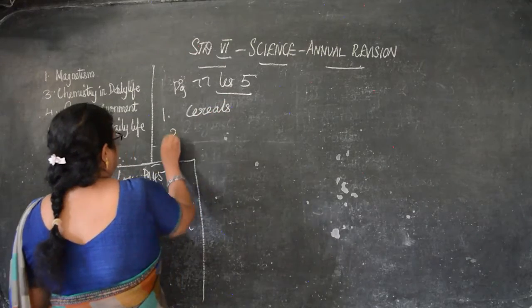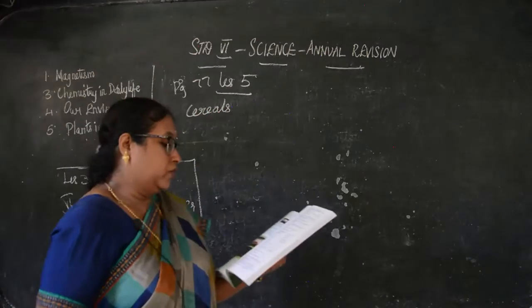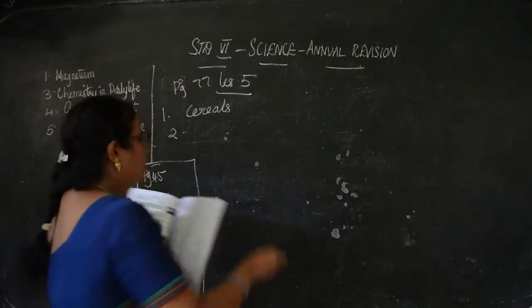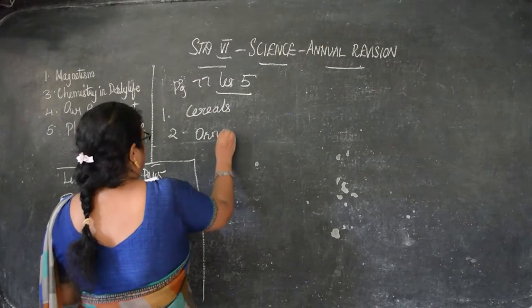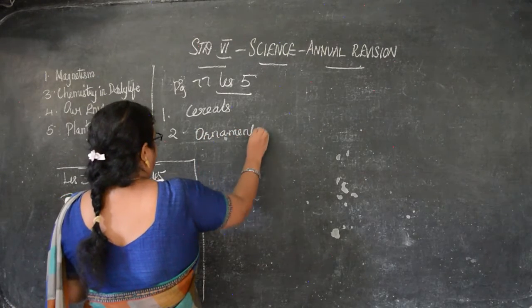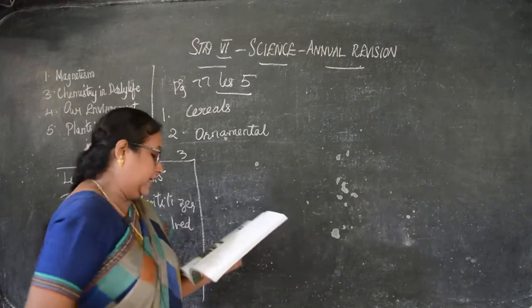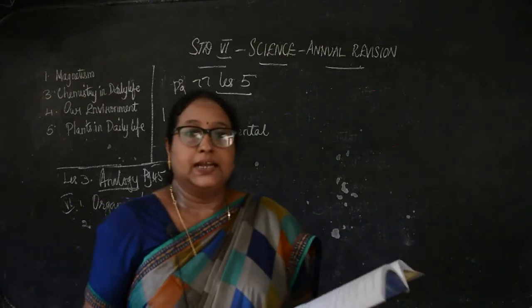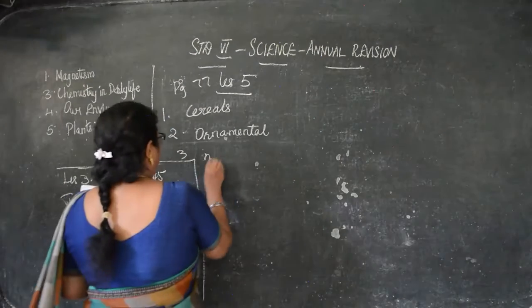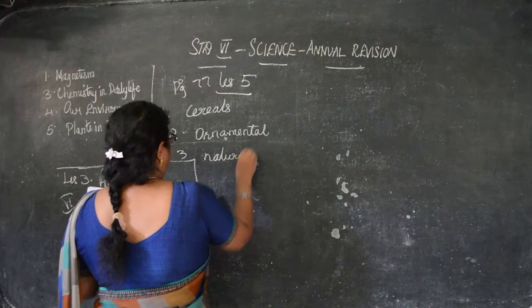Then second: coconut, fiber; rose, ornamental. Then third: bees pollinate, insect; earthworms, natural manure.